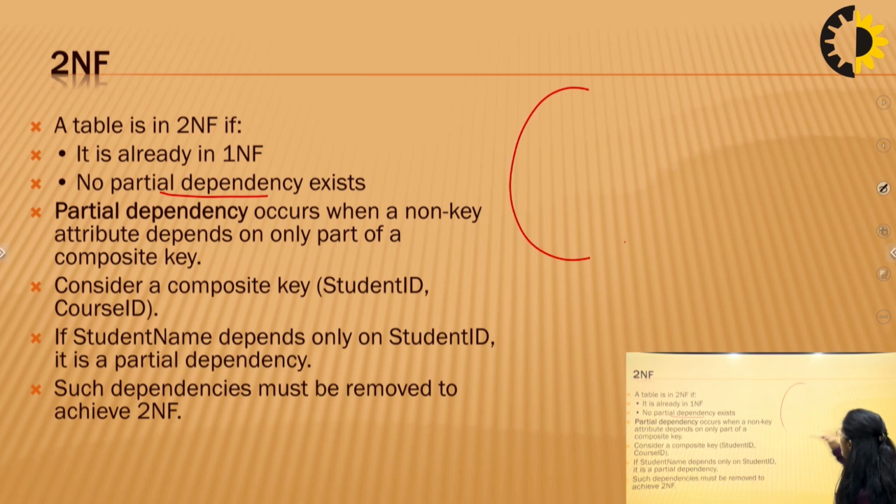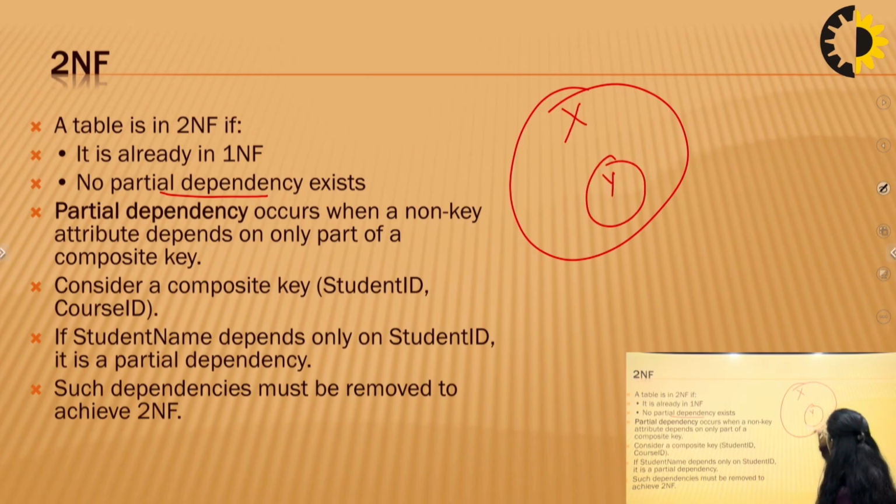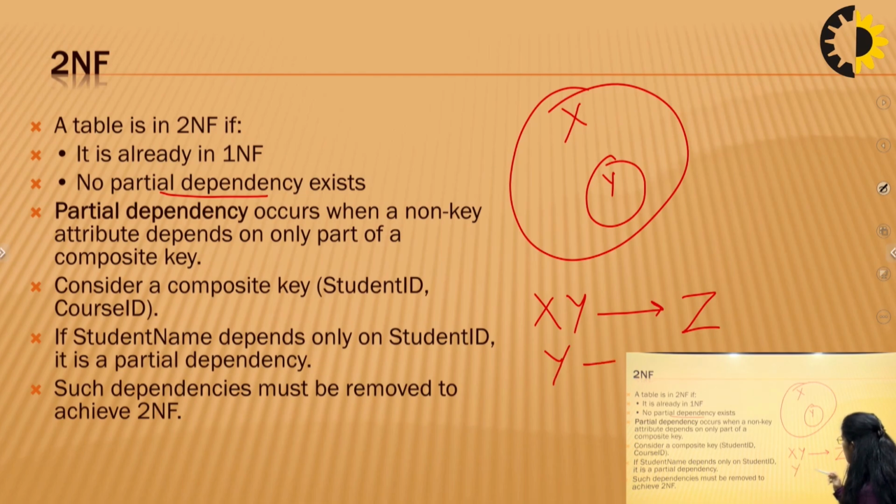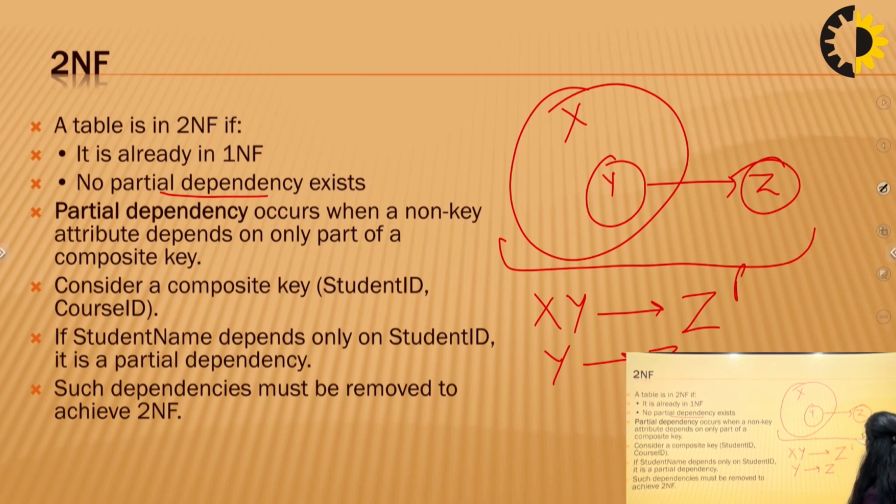Let's say we have X along with Y, so X, Y is able to find Z. But we have another functional dependency where Z is functionally dependent on Y only. So this Y is finding the Z.